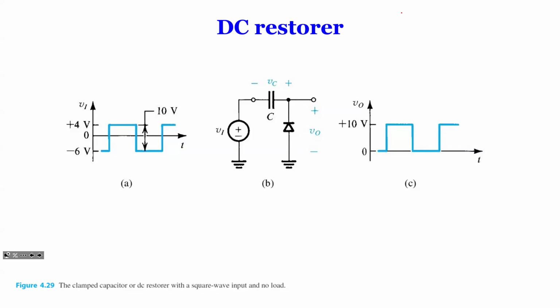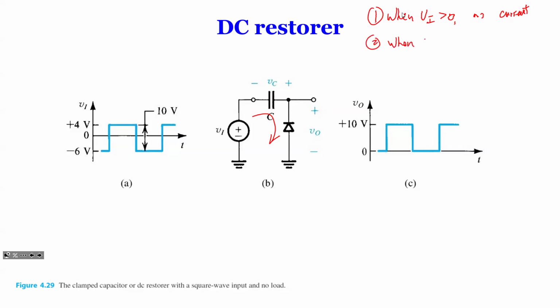Okay. Interesting. How can you do that? Well, it turned out to be a very simple principle. We can start from here. So when VI is positive, do you have current? No current. Okay. So no current. So this is okay to start with.